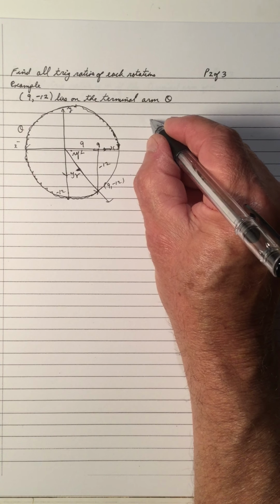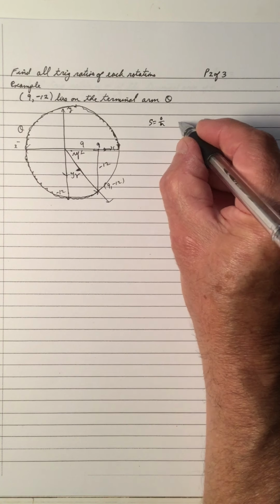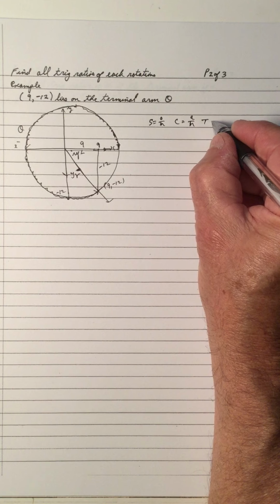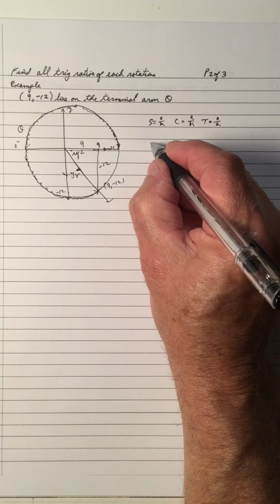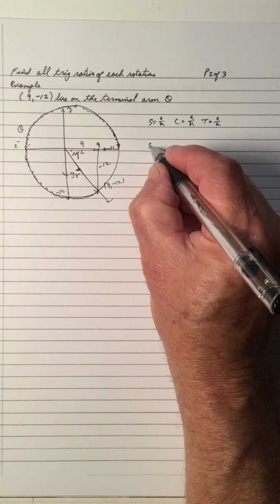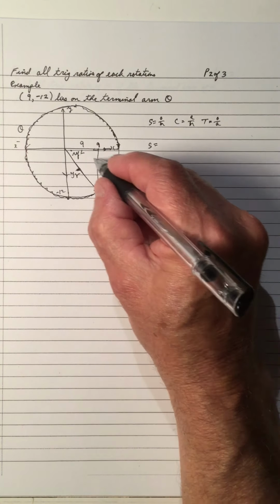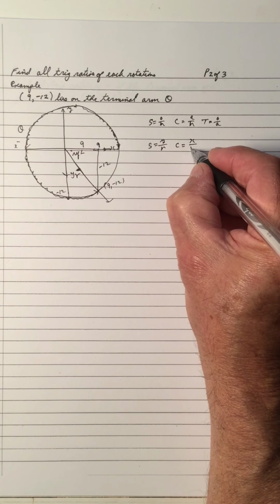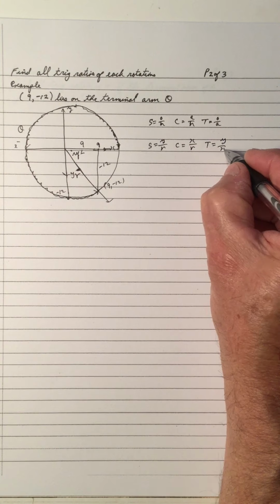So sine is opposite over hypotenuse. Cos is adjacent over hypotenuse. And tan is opposite over adjacent. In relation to the reference angle, the sine is the y over the r, the cos is the x over the r, and the tan is the y over x.